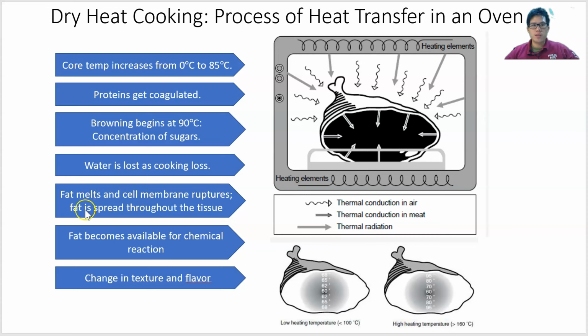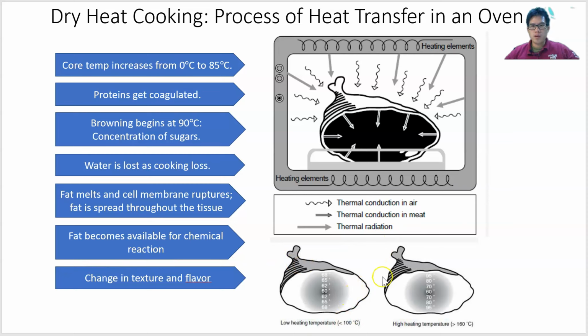Then the fat will leak out and be available for chemical reactions like lipid degradation. The reactions proceed more and more, and there will be a change in texture and flavor. The texture changes mainly because of degradation and heat denaturation, and the flavors are generated from the reactions caused by heat.